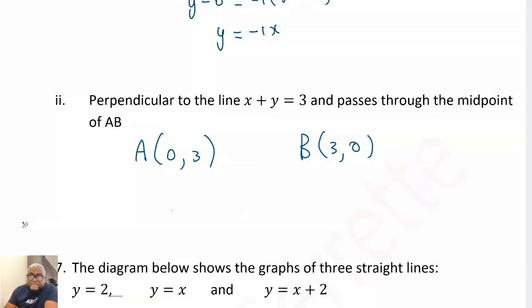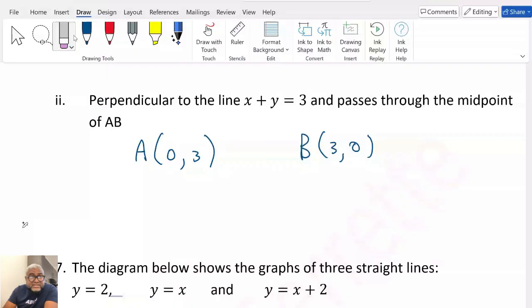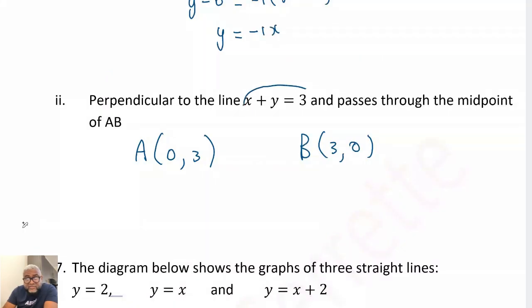All right. So we want the gradient of that line now. What was the gradient of the original line? Remember, we moved around things to figure out the gradient. What was it? -1. Excellent. M was equal to -1.